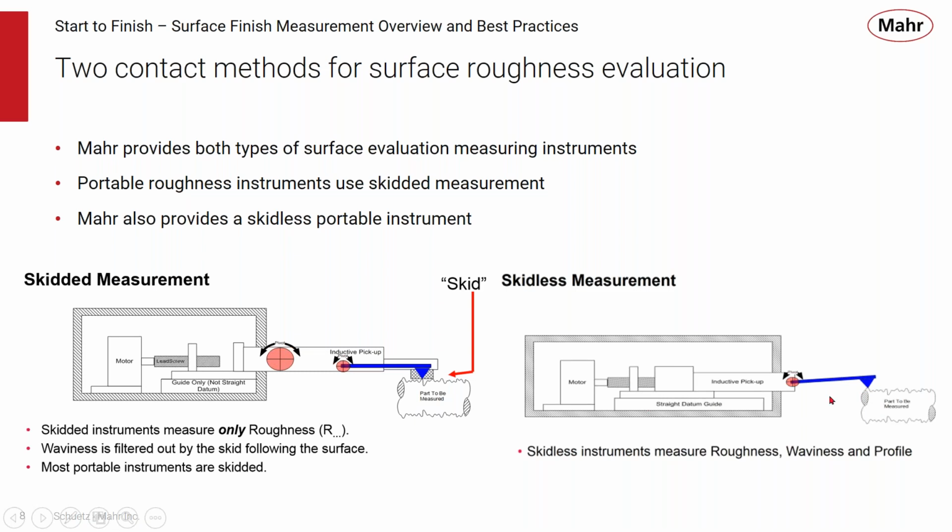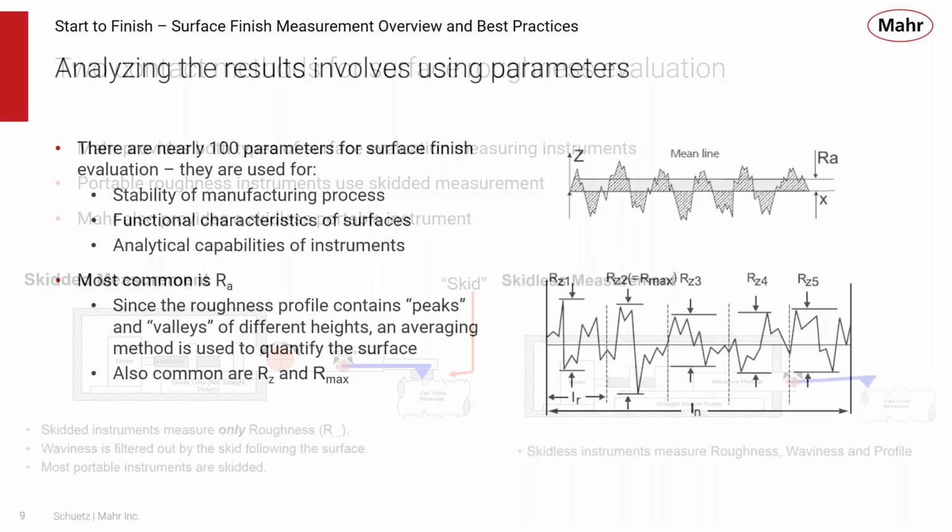These systems are a little bit more expensive because they have to have the straight datum in there, but they can give you more information in terms of roughness, waviness, and profile. Mahr makes both these types of systems, and we also make the optical systems, as I mentioned previously.